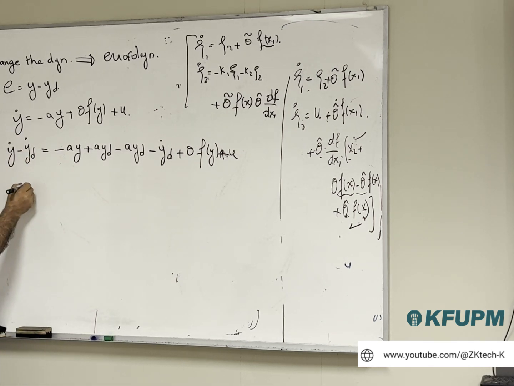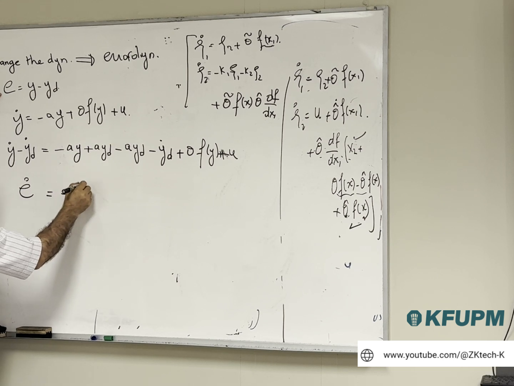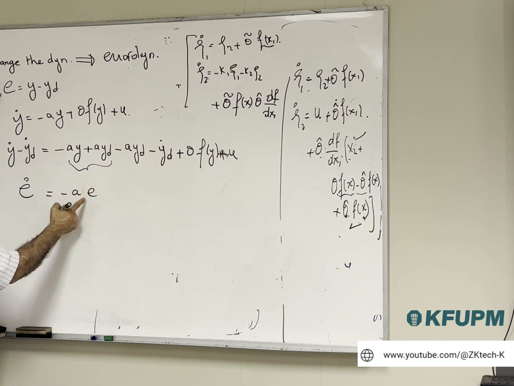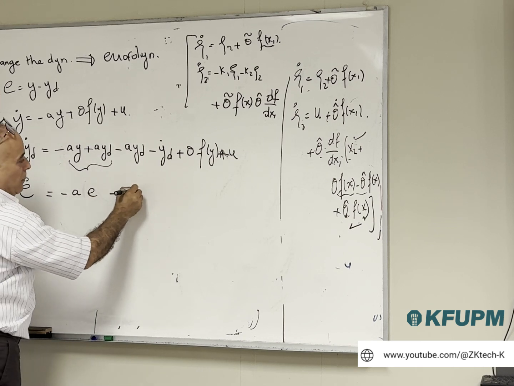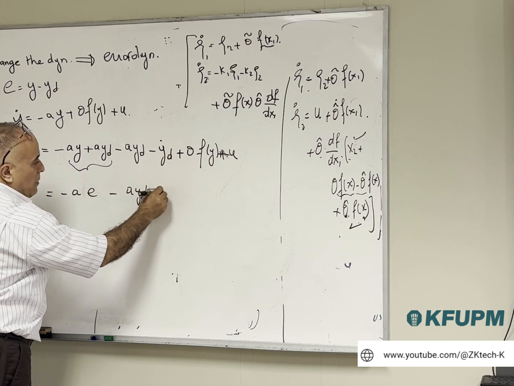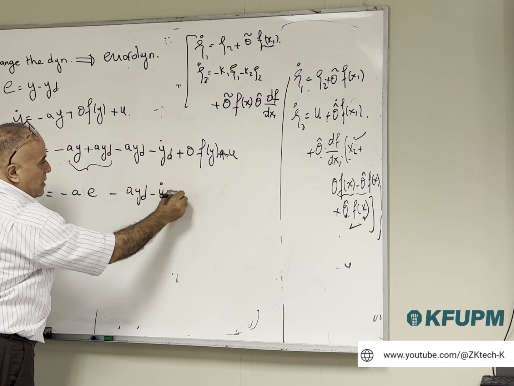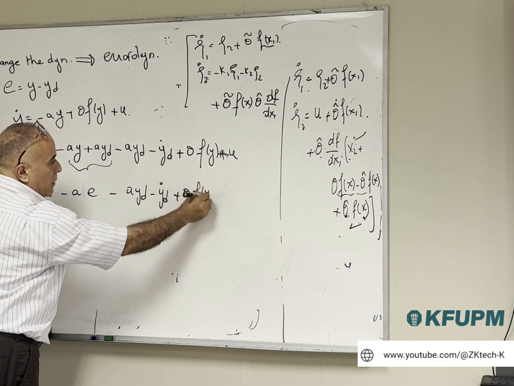So I will then have e prime equal to minus a times y minus y desired, which is e. So this term will give me the value of minus a times e, minus a times y desired, minus y desired prime, plus theta f of y, plus u.